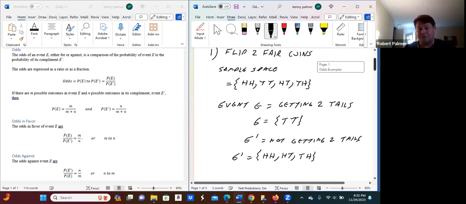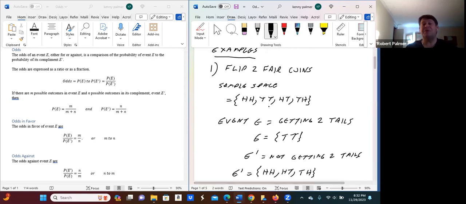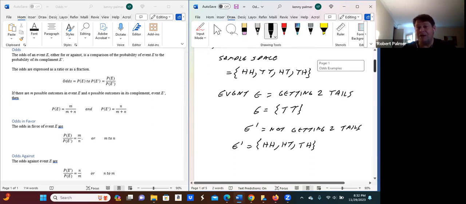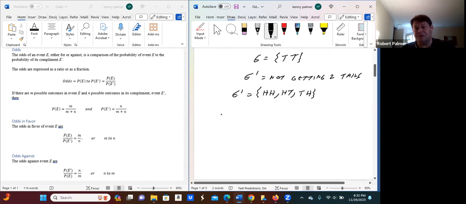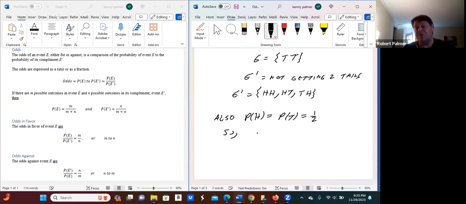Now, I should mention this is our sample space, and each one of these turns out to be equally likely. Also, the probability of getting a head, it's a fair coin, equals the probability of getting a tail, which is equal to 1/2 or 0.5.